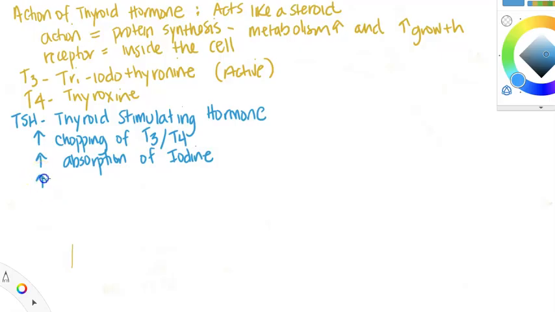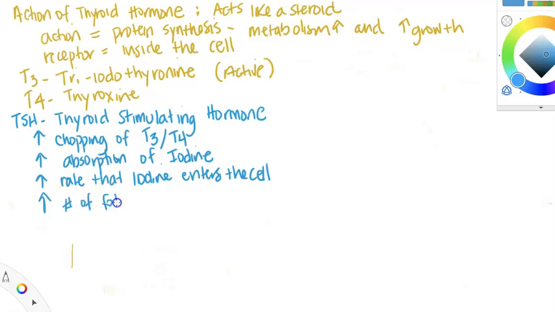It'll increase the rate that iodine enters the cell. It also increases the number of follicular cells.